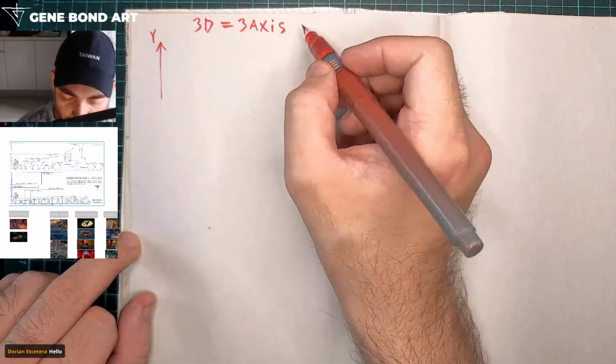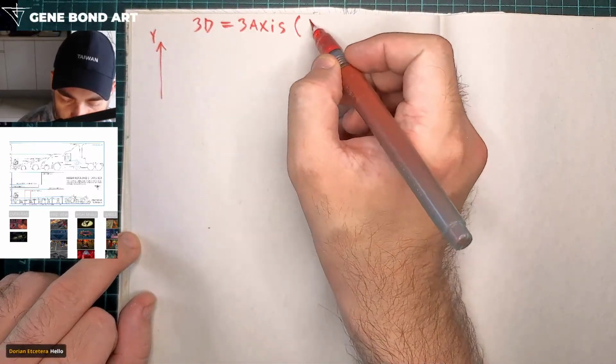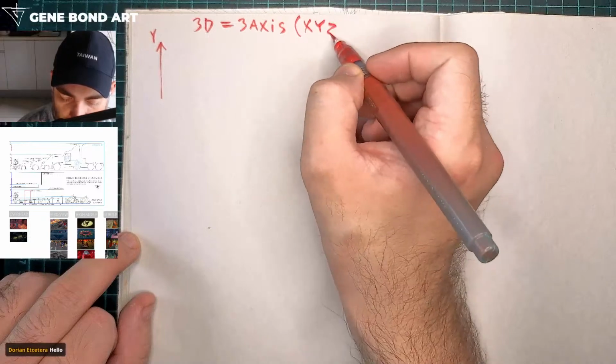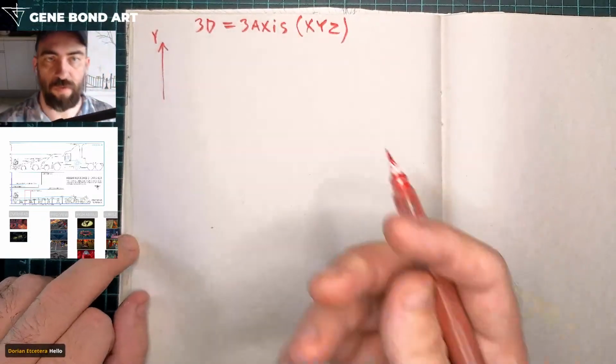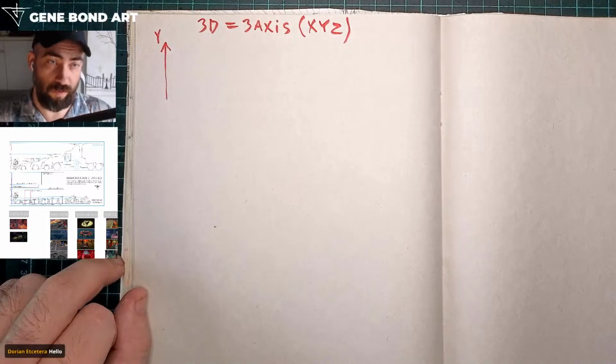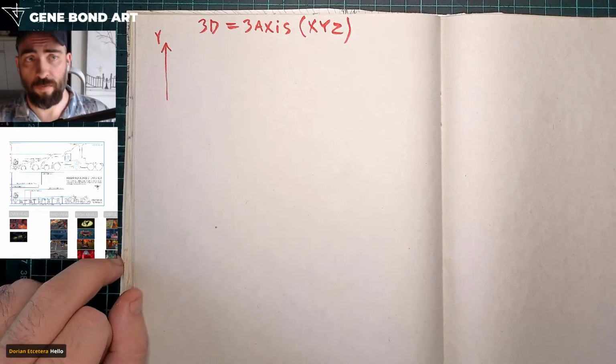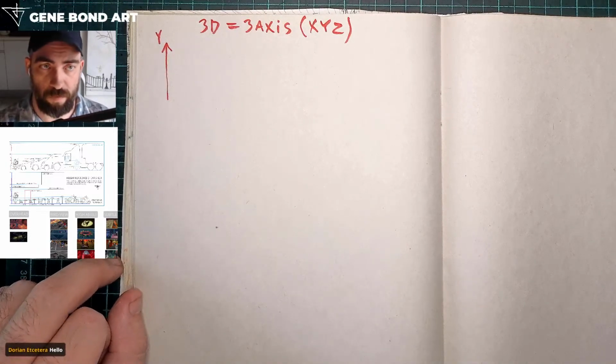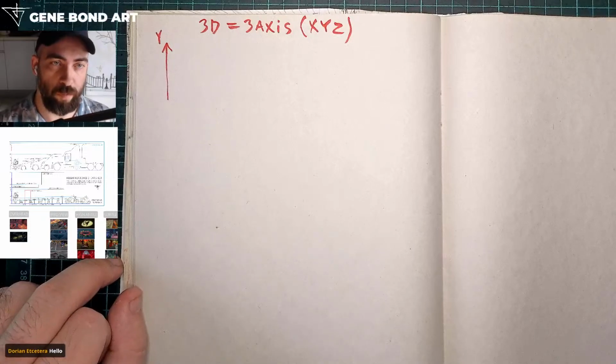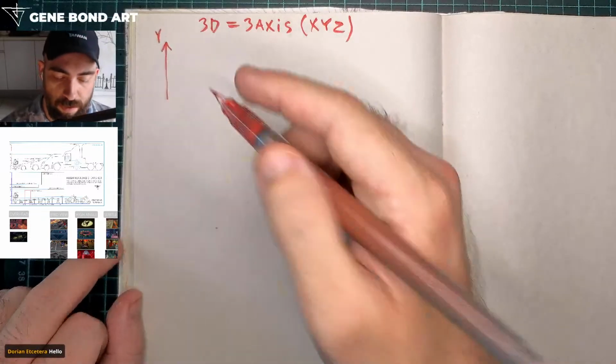These 3 axes are x, y, z. So in these 3 axes, 3 dimensions, on a flat surface, on a paper or a screen, we show it with perspective grids.